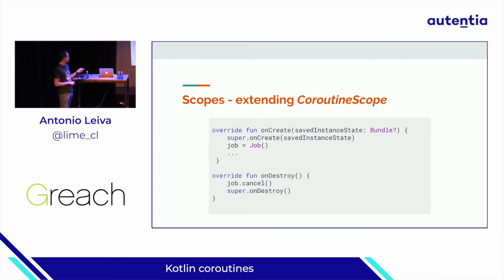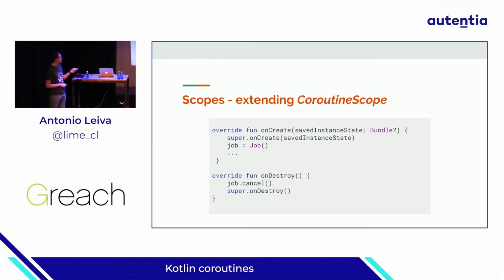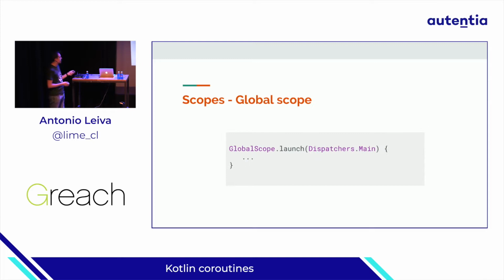And here, that's mostly it. One thing that is missing here is that when we convert an object into a coroutine scope, instead of calling things like GlobalScope.launch, we can use the coroutine builders directly without prepending anything.